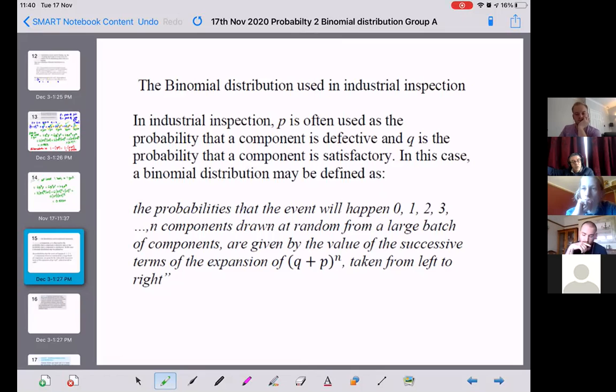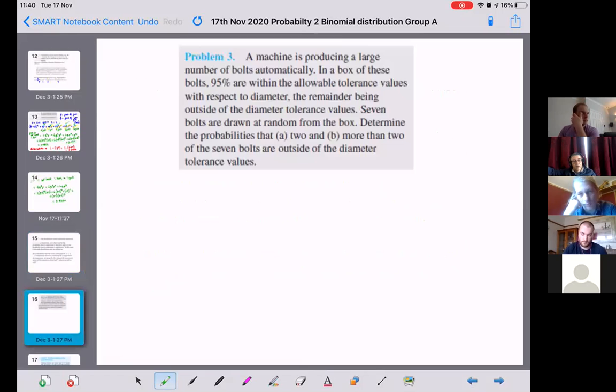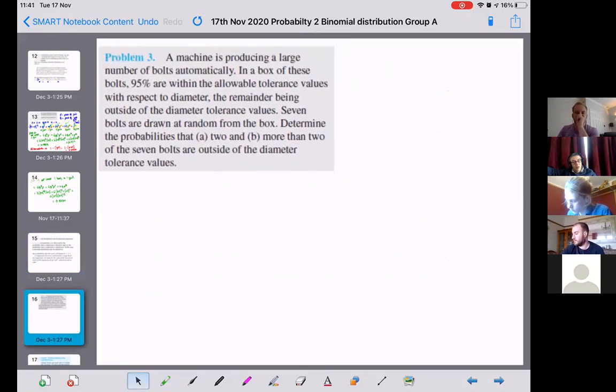So when we expand it, the terms start off with none faulty, 1 faulty, 2 faulty, 3 faulty, 4 faulty, from left to right in the expansion. So we'll have a look at an example question around that, work on it together, and then I've got a couple for you to have a go at.